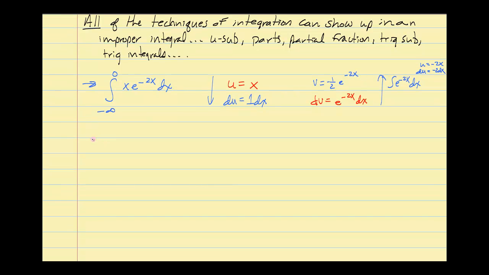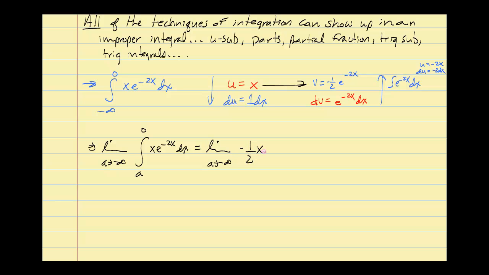So rewriting this, I have the limit as a approaches negative infinity of the integral from a to 0 of x e to the negative 2x dx, which is equal to the limit as a approaches negative infinity of, and of course we need to evaluate these, uv, which is negative 1/2 x e to the negative 2x, minus the integral of v du, with limits of integration from a to 0.